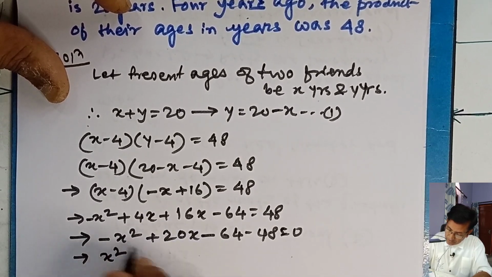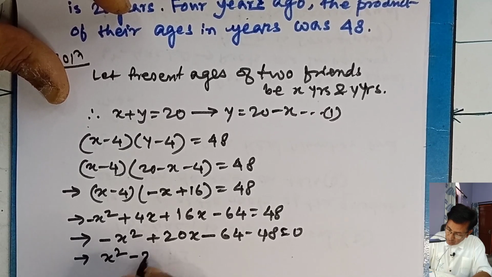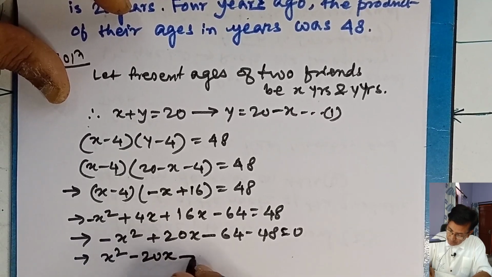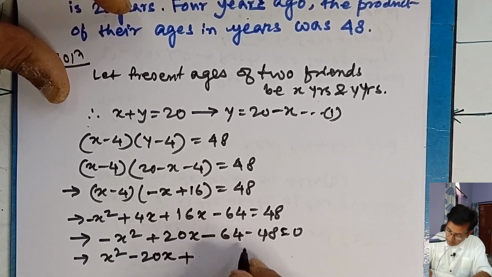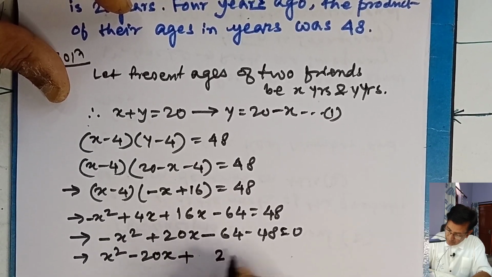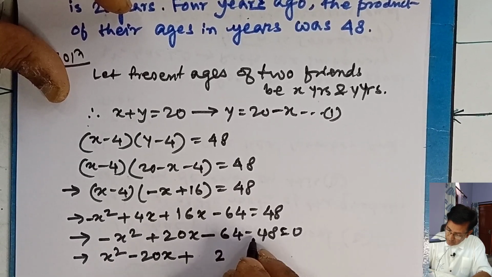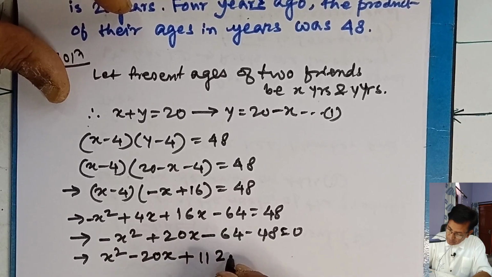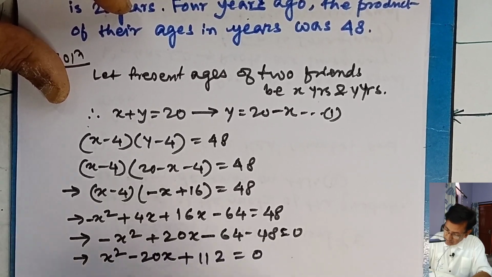Changing the sign, X square minus 20X plus 112 is equal to 0.